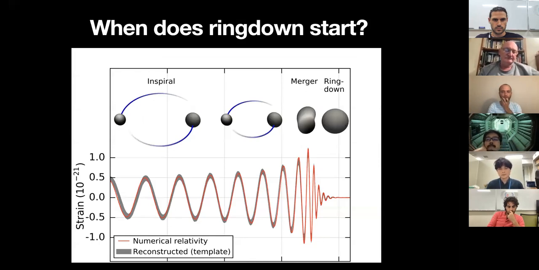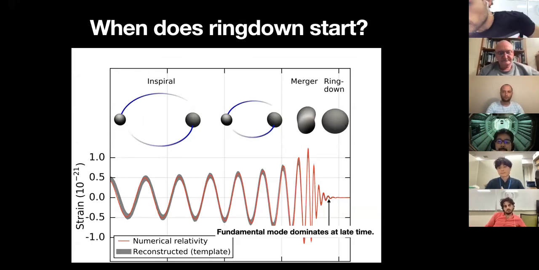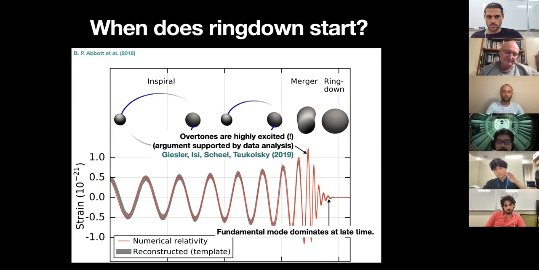This is related to the talk by Professor Chukowski. It was thought that the ring-down starts at late times, where the fundamental mode dominates the signal. But as we go back in time, other overtones grow and could overwhelm the fundamental mode.